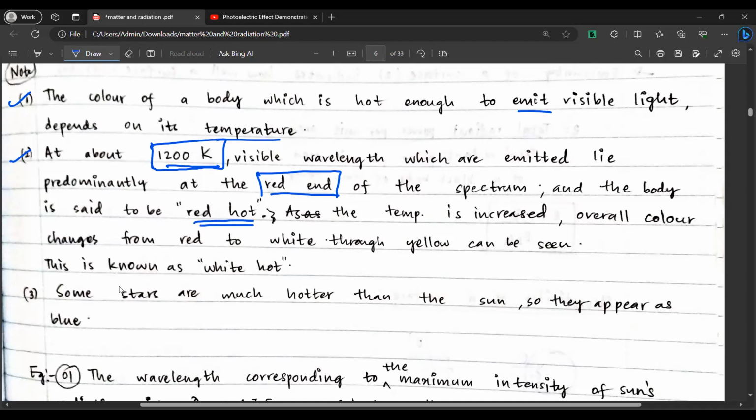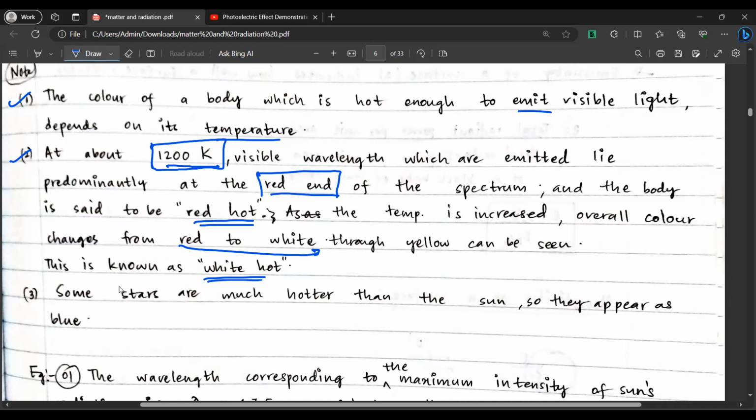And when we increase the temperature, the color changes from red to white. That means it is becoming more yellow. And we call this temperature white hot. So white hot is hotter than red hot.